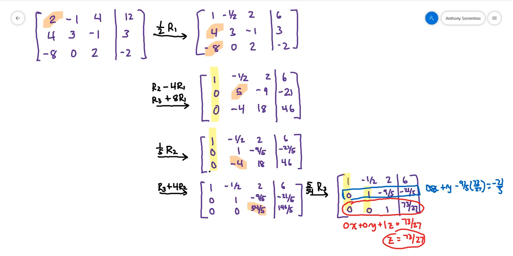So y is going to equal negative 21 over 5 plus 9/5 times 73 over 27. And when I work that all out, y ends up being 2/3.